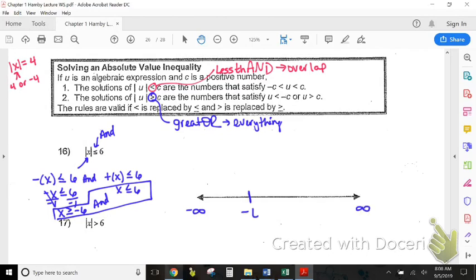Our x, what's inside the absolute value symbol, can be negative, okay? It's what's on the outside there. So where we have in the original problem where it says less than or equal to 6, that number there has to be a positive number. So when you take it out, it has to be positive.